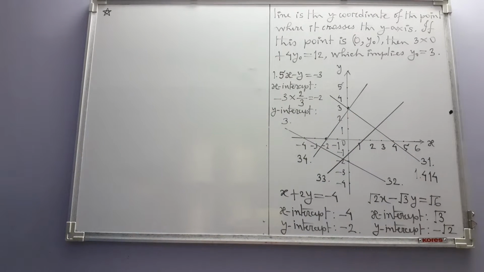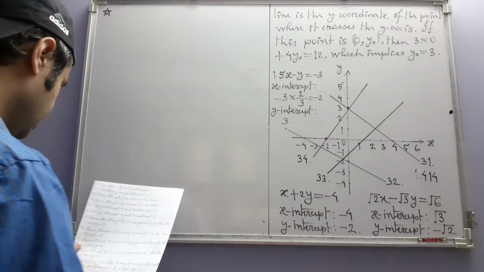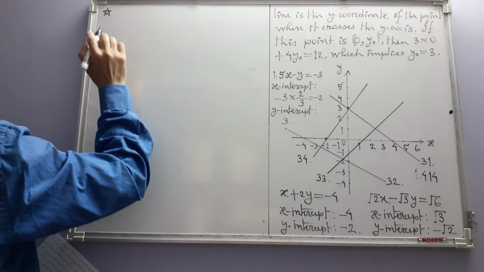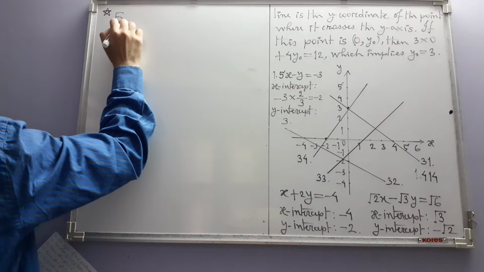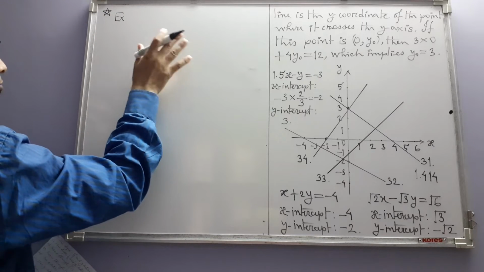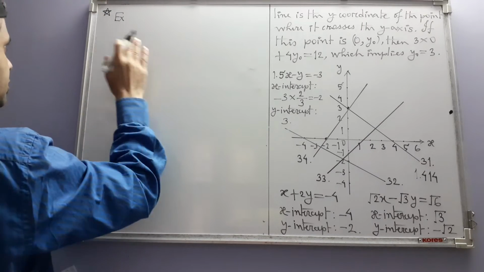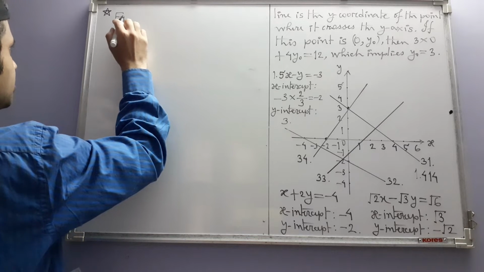The next one is 35. Now for the previous 4 I should have written exercise 31 and so on, but okay, anyway.